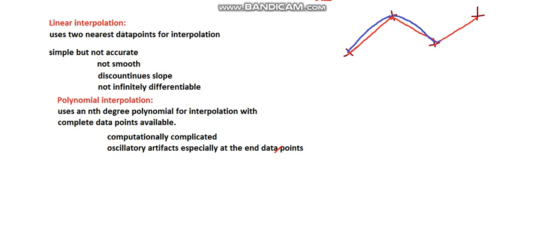It should be like this, something. It should be much more smooth curve than the linear curve. So in such cases we can see the linear interpolation technique is not that much smooth.